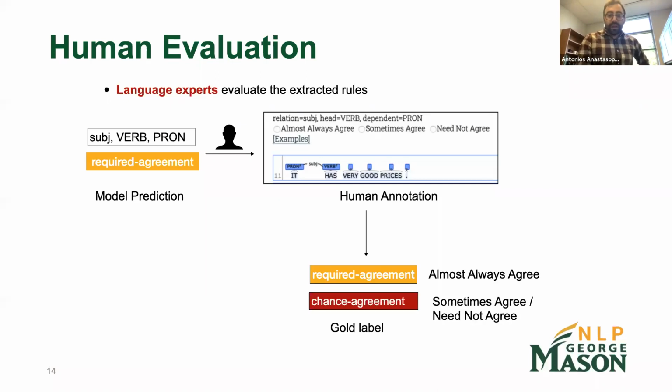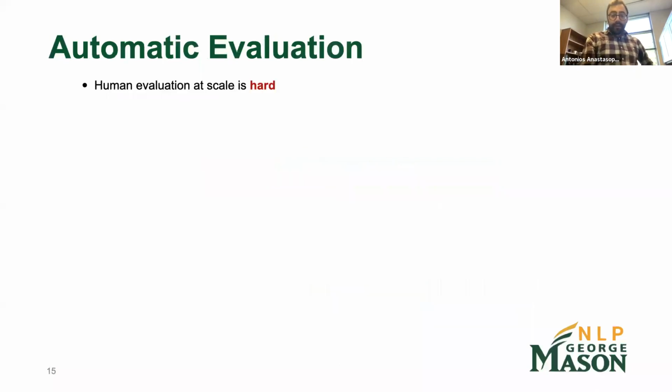The humans can look at all these examples and tell us if, oh yeah, this is actually a rule, which means that two things that look like that, like a pronoun and a verb, almost always should agree, or they don't need to agree, which corresponds to our chance agreement label, right? And then we just compare our model's predictions with the labels that the humans give for each rule.